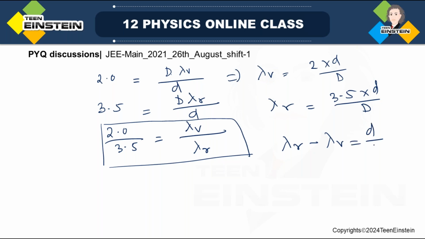So d by D is anyway common, and you get 3.5 minus 2, that is 1.5 into small d by capital D.